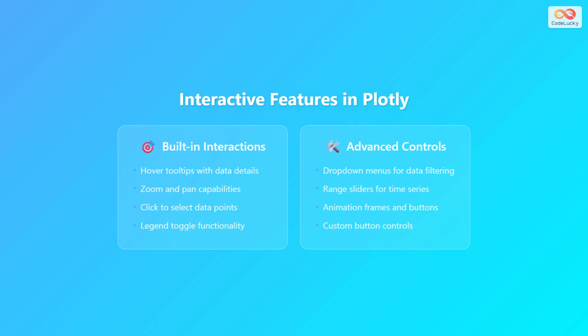Beyond these basic interactions, Plotly supports advanced controls like drop-down menus for filtering data categories, range sliders for time series navigation, and animation frames that can show data changes over time. Custom button controls can be added to trigger specific actions or view changes, making dashboards highly interactive and user-friendly.